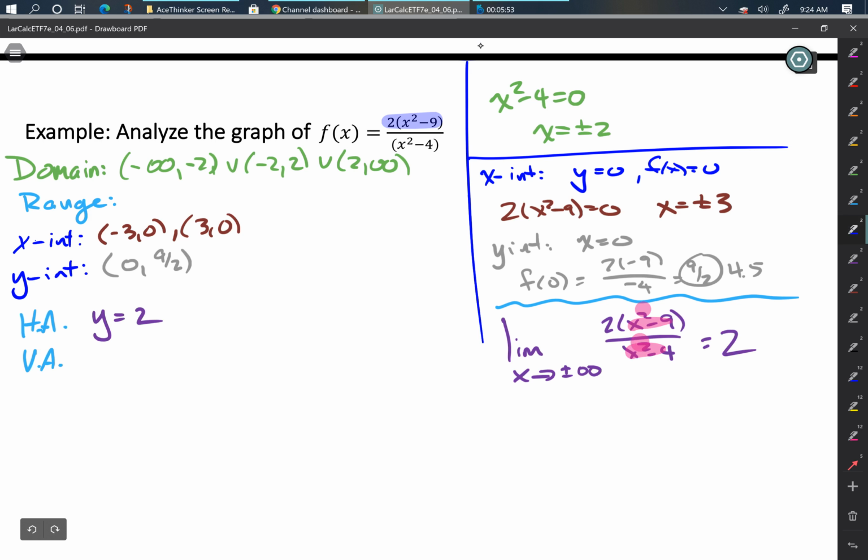Now, vertical asymptotes are when the denominator is going to be equal to 0, which is at positive and negative 2. So we're going to get vertical asymptotes at negative 2 and at positive 2.